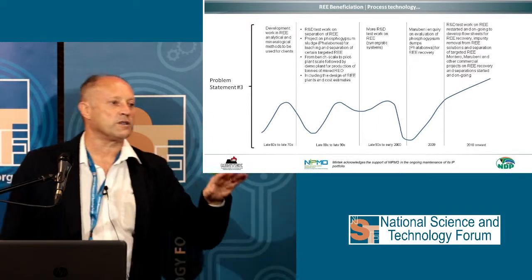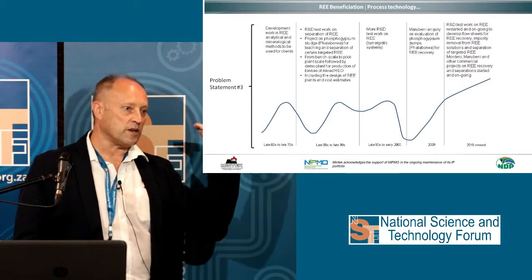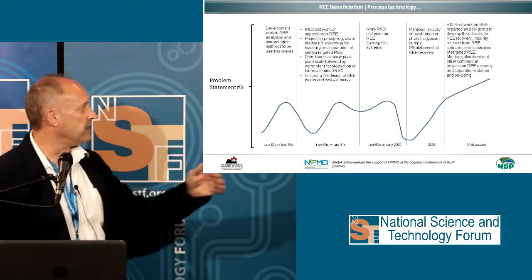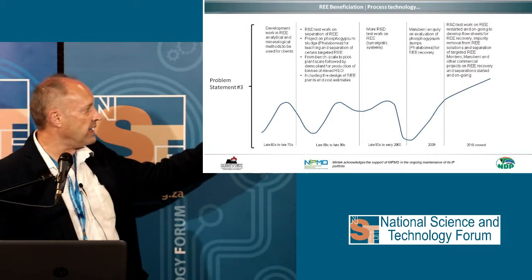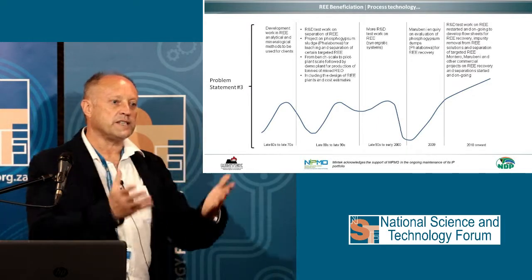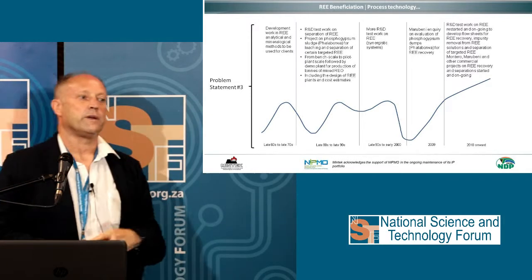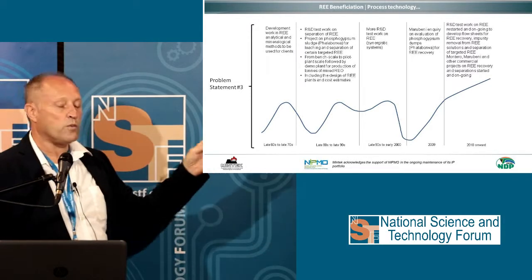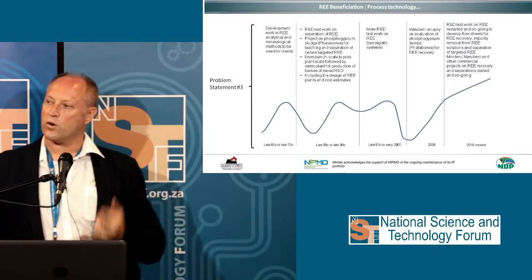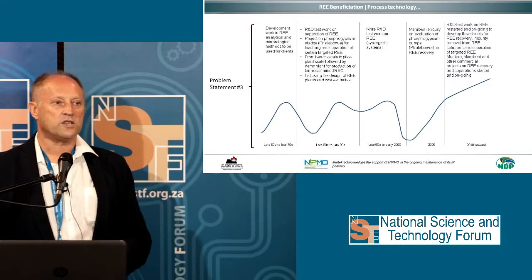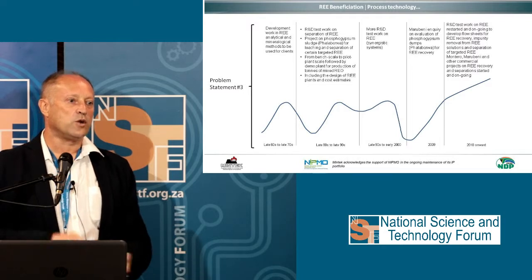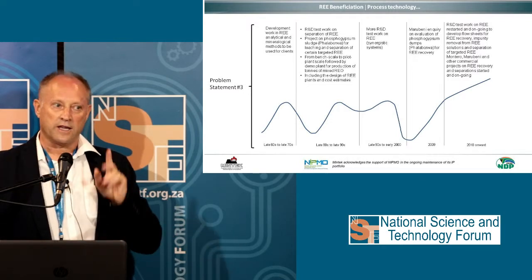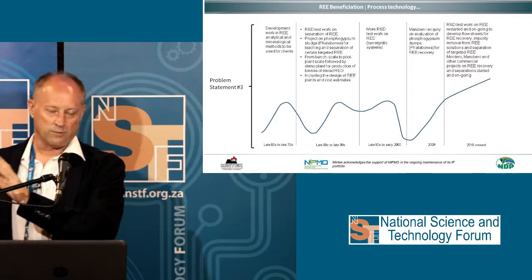In around about 2010, when the prices shot up by thousands of percent, there was obviously a huge interest again, and Mintek started investing heavily in rare earth technology. We had the very good fortune that we worked on essentially every single rare earth project on the globe, including Mount Weld, Mountain Pass, except obviously China.